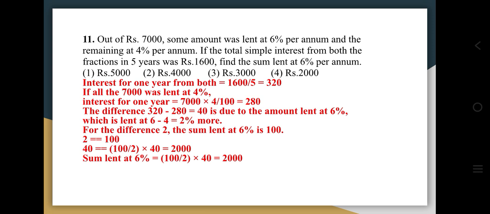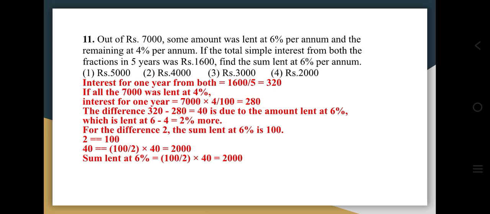So for such problems, first we calculate the interest for 1 year. We are given that for 5 years, the total simple interest is 1,600. So what is the total simple interest for 1 year?